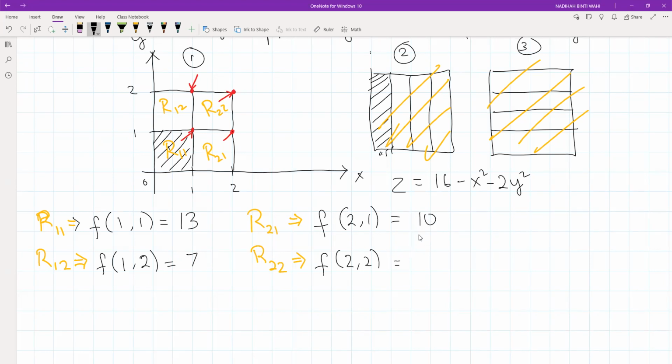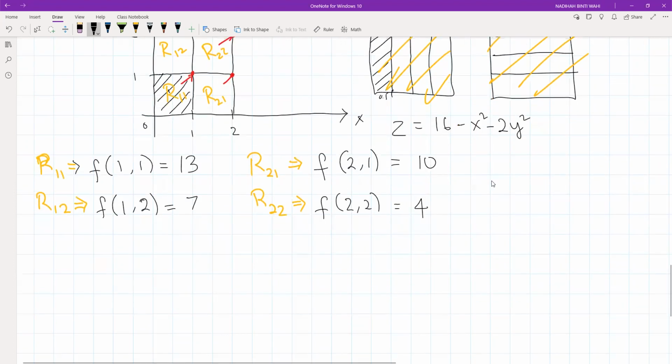Saya tukar dia punya tu. And then R22 is 16 minus 8. Jadi 4. Okay. So yang ni arithmetic awak kira sendiri. And then the delta A. What is the delta A? Delta A awak dah kira tadi. Delta A for each is the same thing, which is 1.